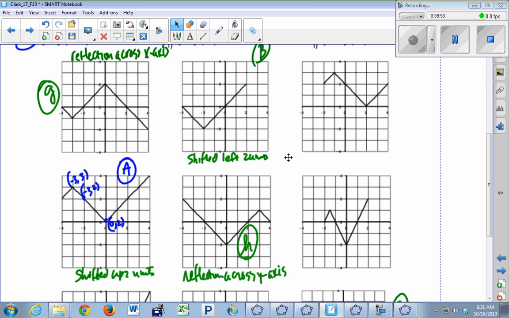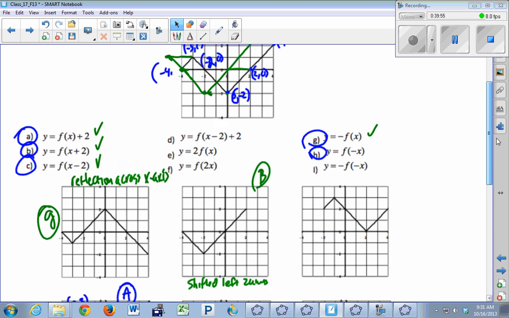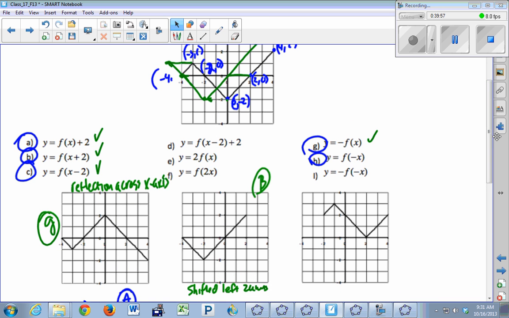So if you look at the activity, we have a few more situations to look at. We have a situation like E and F. E and F now, instead of adding, what are we doing? We're multiplying. So we're looking at factors of 2. That's the language we use. E has a factor of 2 because 2 is multiplying the function.